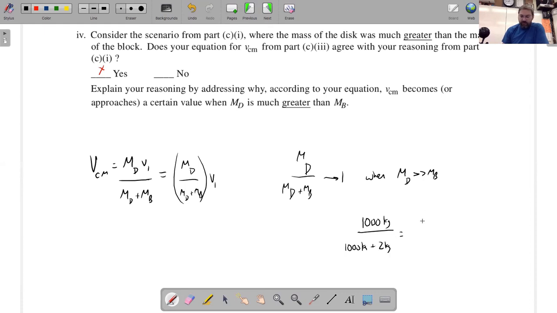Now you have the ratio 1,000 to 1,002, and that ratio is pretty close to 1. It's not 1, but it approaches 1. And as this ratio approaches 1, v sub cm approaches v sub 1. V sub cm is always going to be less than v sub 1, but v sub cm is pretty close to v sub 1.